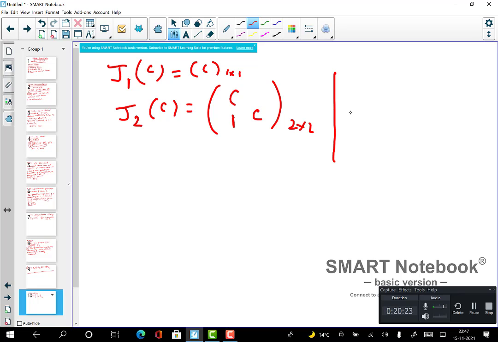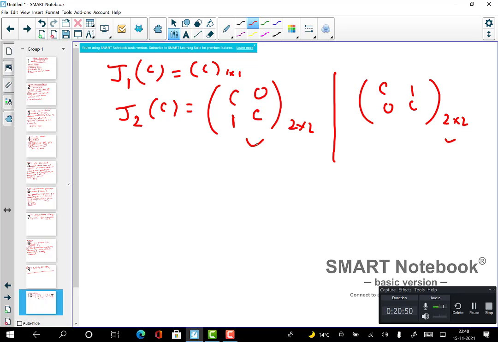Or some people also use the other way, with 0 here and C, 1 in the up diagonal. This is a convention, and this is not a problem. If I choose a basis which gives you this matrix, then if you take the order in the opposite direction, it will give the other matrix. So there is no problem.